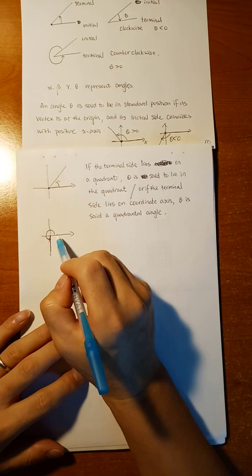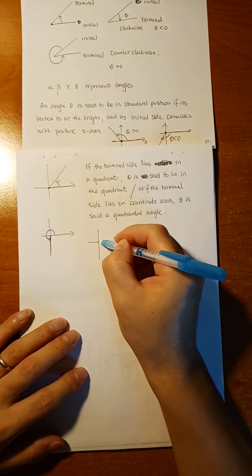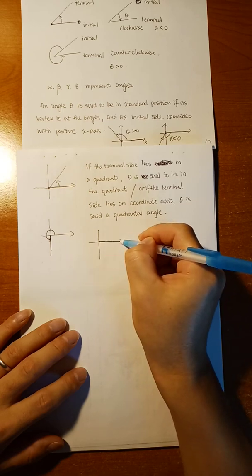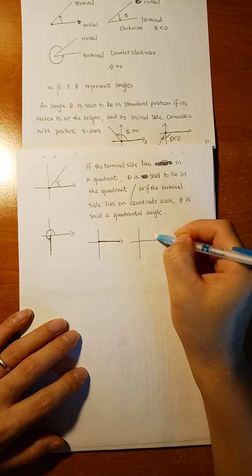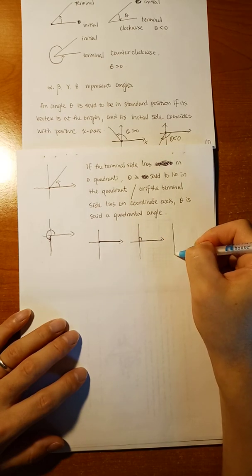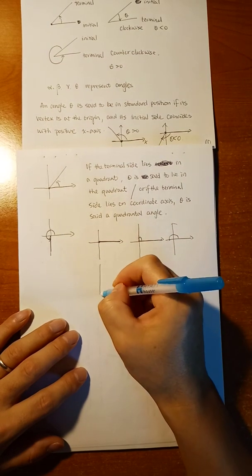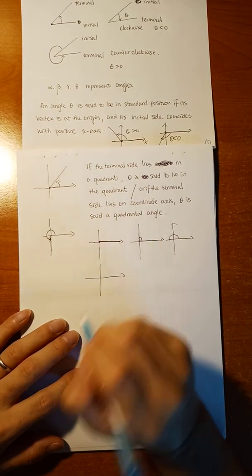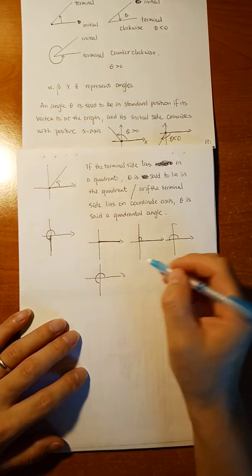For quadrantal angles, you have four choices. A quadrantal angle can be this one, where the terminal and initial side coincide, or this one, or this one. 1, 2, 3, 4.